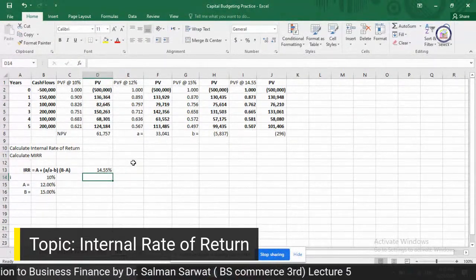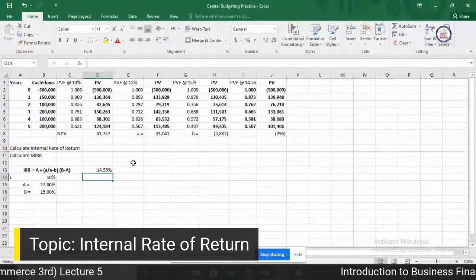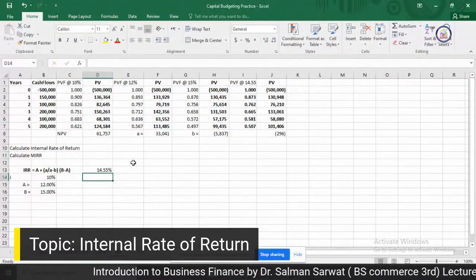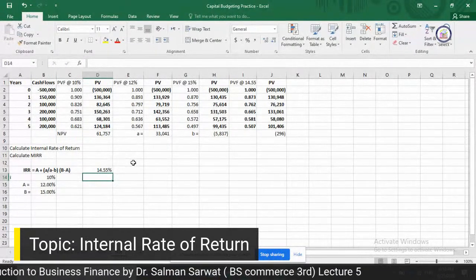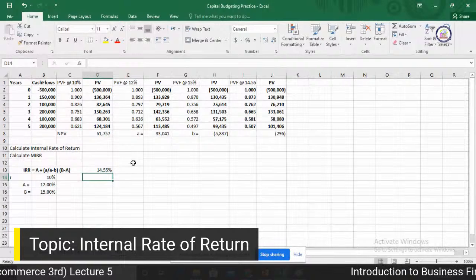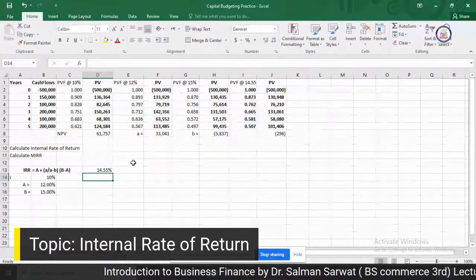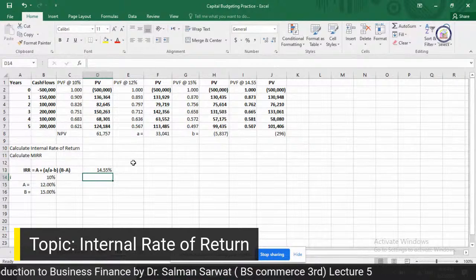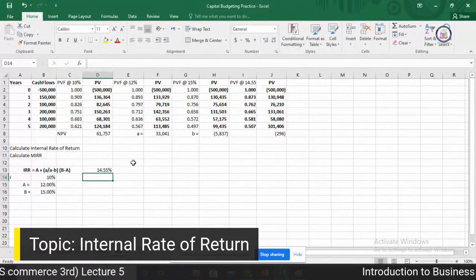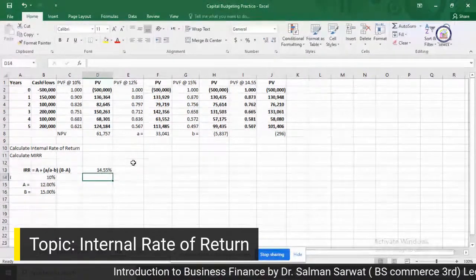At the rate of 14.5%, we are almost getting zero NPV from an investment. I hope that the process of calculating IRR, if not very easy, is now understood by the students.